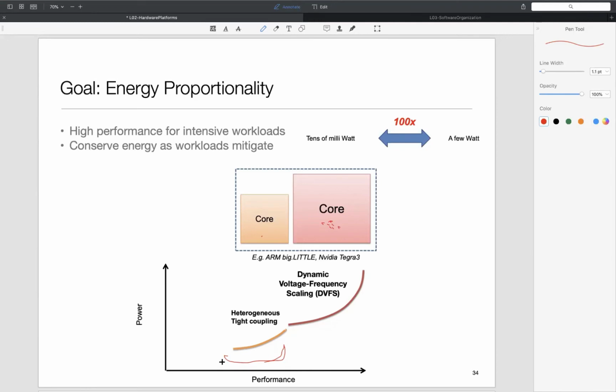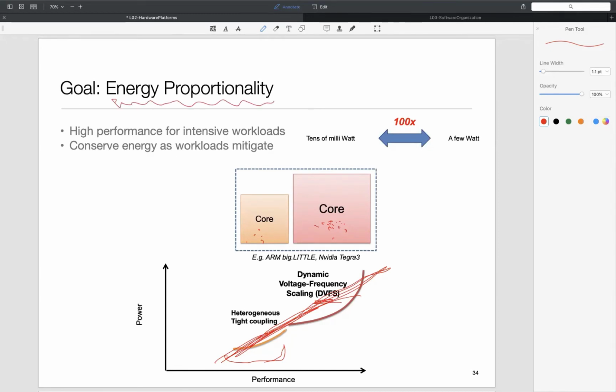So kind of the idea now is that as a consequence of this, I basically have this plot which looks like a longer straight line, so kind of towards our goal of energy proportionality.